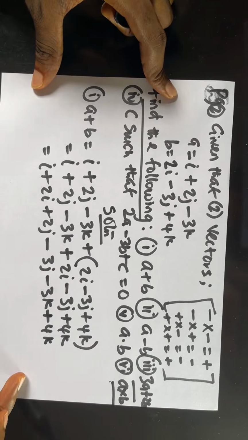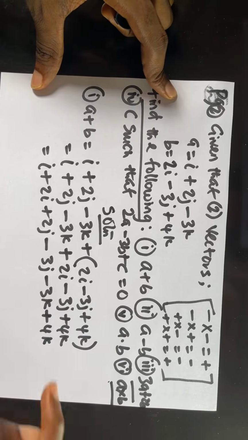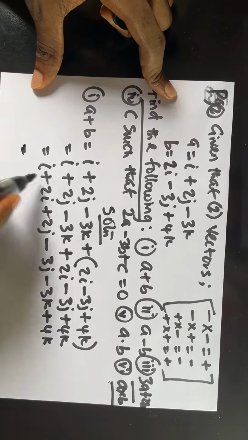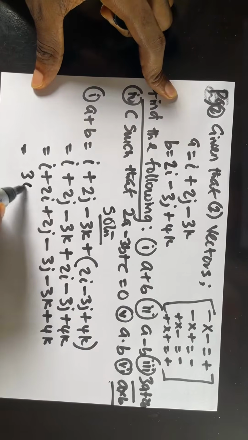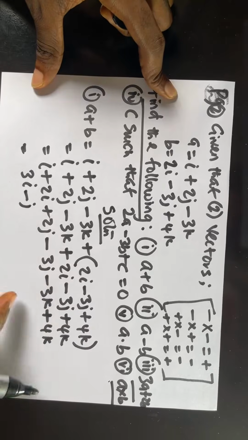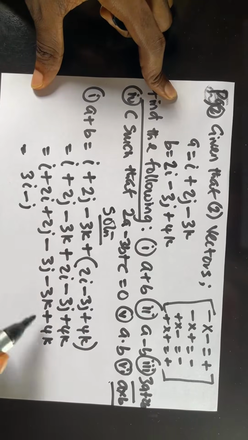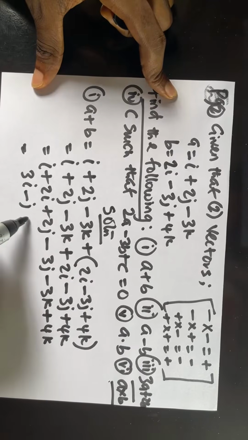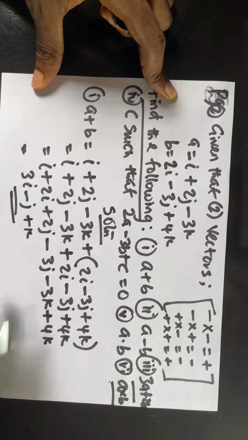Remember I said be careful with the sign. Any mistake you make from here, everything you are solving will be wrong. So therefore, let's add this. We'll have 3I, 2J minus 3J will be minus J. 2 minus 3 is what? Minus 1. So minus 3 plus 4, that will be what? Plus K. So this will be our answer.